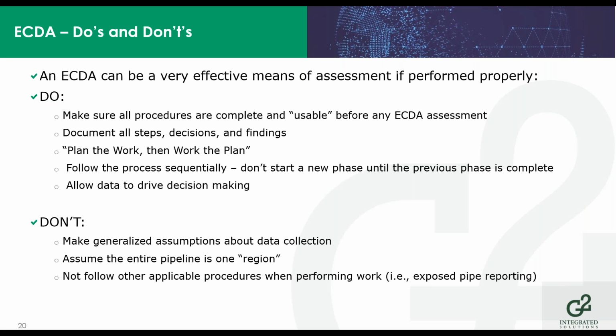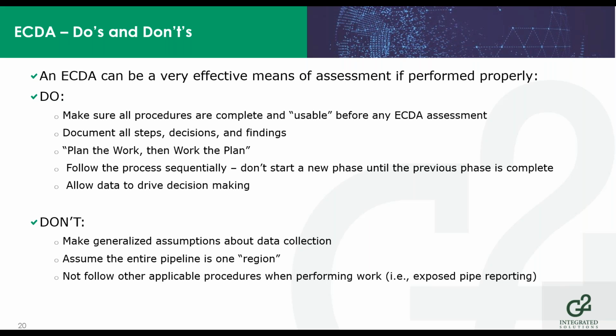So pre-assessment is where you're planning out what you're going to do. If you plan it out correctly and then you work how you planned it out, generally you're going to succeed. Always follow the process sequentially. Again, don't start a new phase until you finish the previous phase. There's some leeway there.